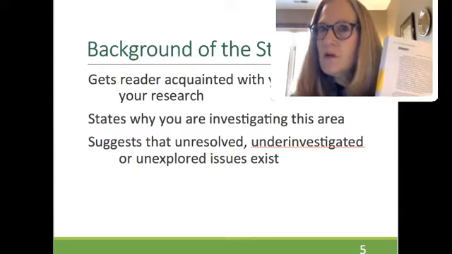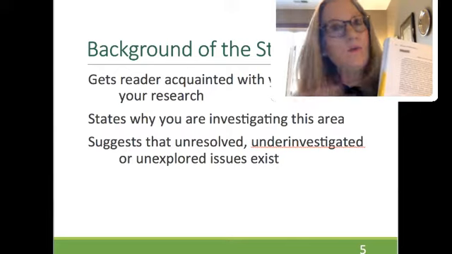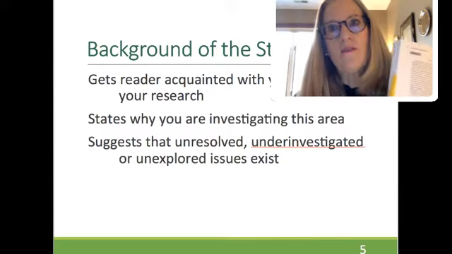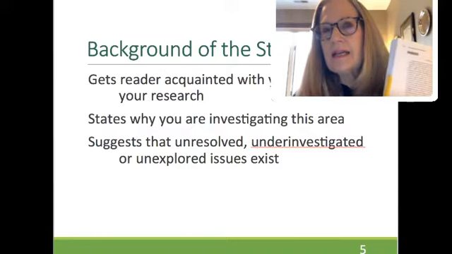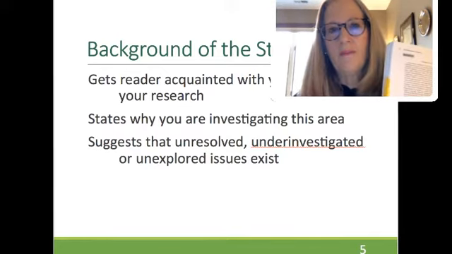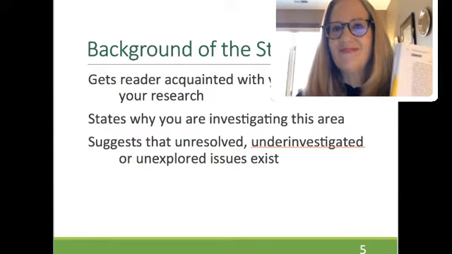If you have found an additional source that needs to be included in your background of the study that wasn't included on your original references page, add it to your references. Because we double check that any in-text citations cited within the body of your paper are included on your references page. So take time, pause the video, look at the two sources, and review background of the study so that you can see what that looks like.